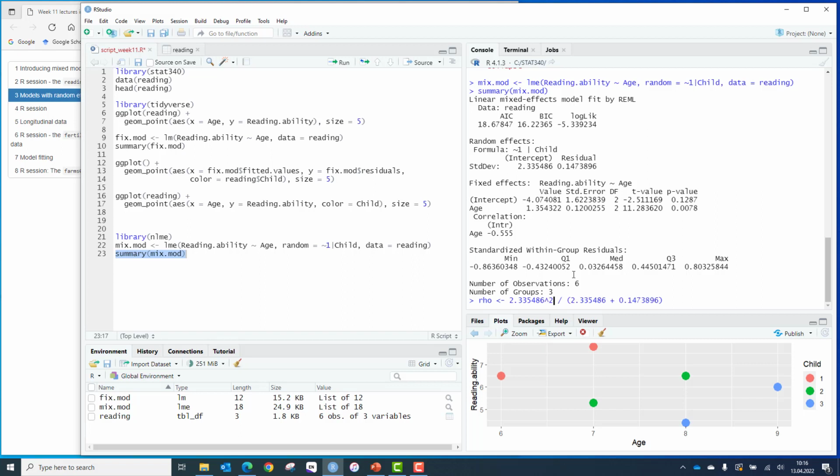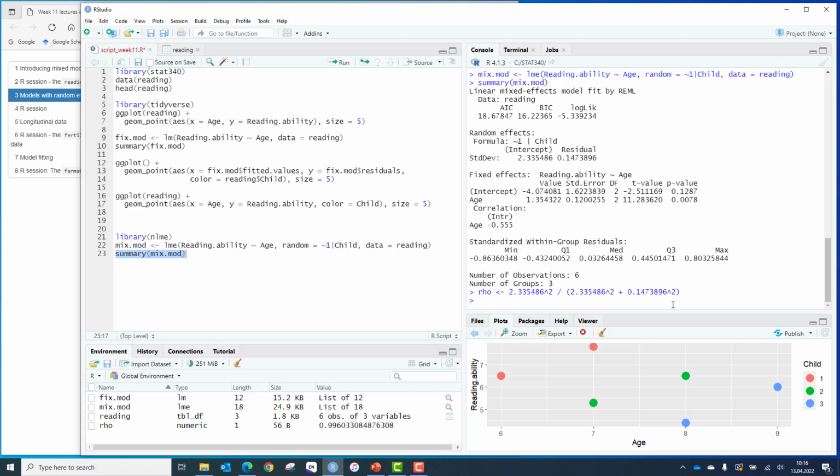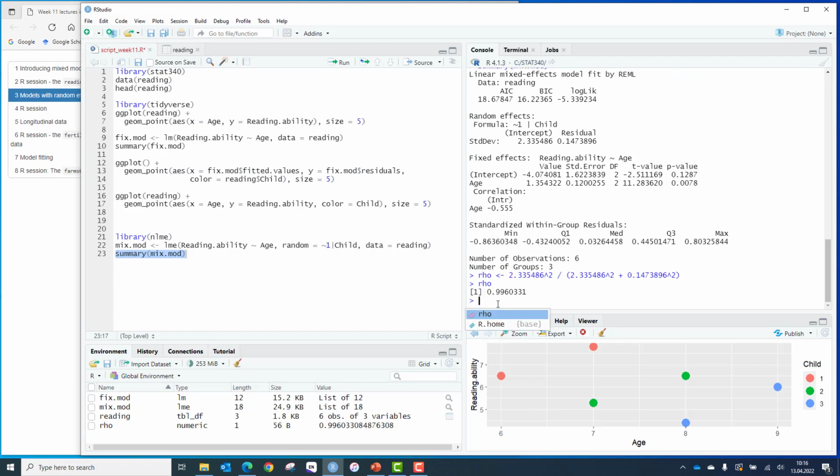So this one should be squared, this one should be squared, and this one should be squared. And now we can compute the rho here. And it's super big. This is almost 1. So it means that in this case we have a super strong correlation between the measurements on the same child. And that's not so strange, right, when we see this picture here.